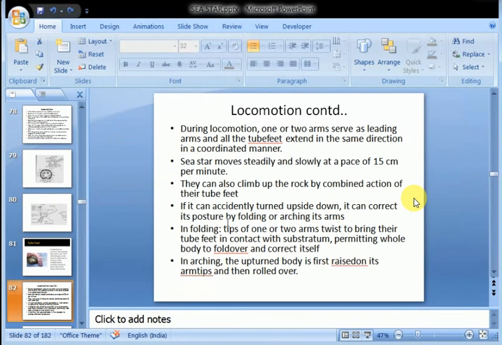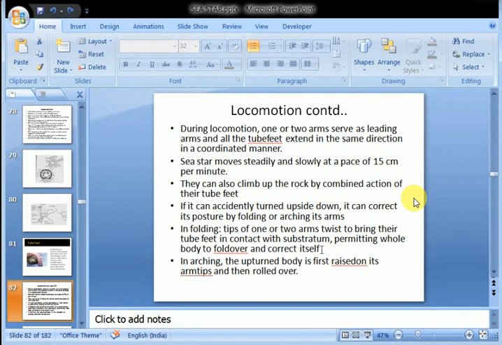And if it is accidentally turned upside down, the body senses that because of a well-developed sensory system and a balancing system. It senses that it can correct its posture by folding or arching its arms. In folding, the tip of one or two arms twists to bring their tube feet in contact with the substratum.